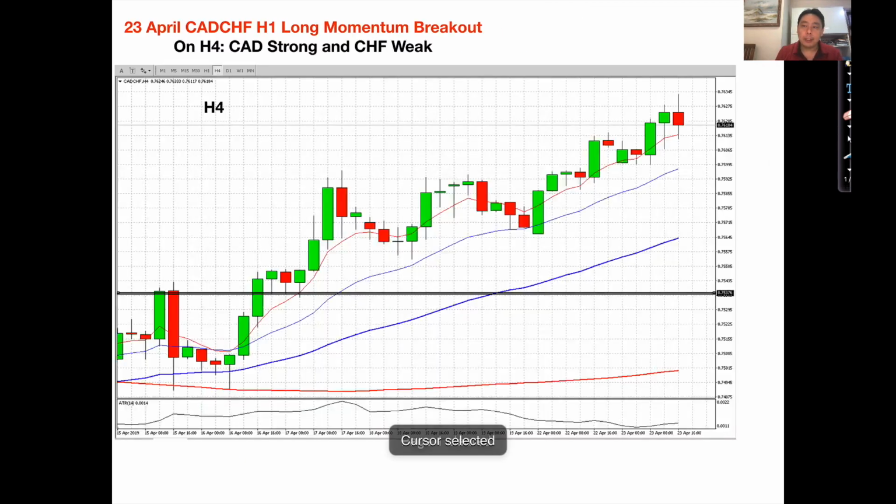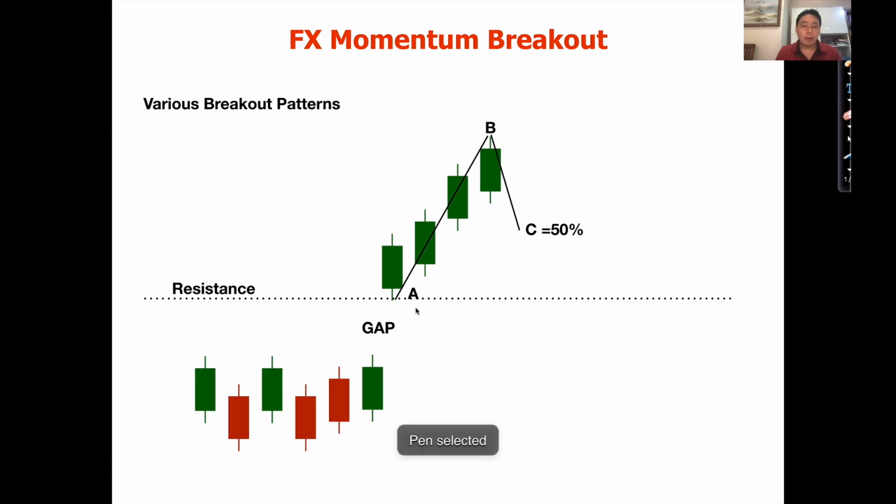Here's another example you may see where the price has been going sideways and then it gaps up. Now, the moment you see a gap, that gap area acts as a level of resistance as well and support. Okay, so if it gaps up, that is where I will be drawing my level of resistance. And again, we call it A, which is the start of the point where the price starts moving up strongly to our swing high.